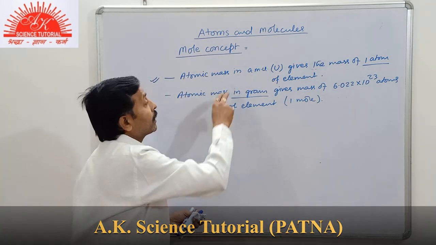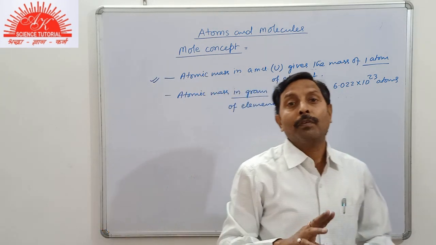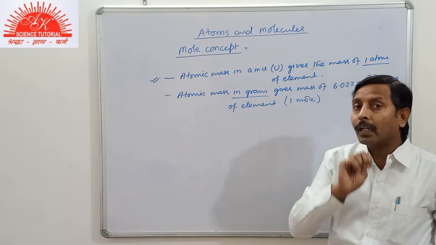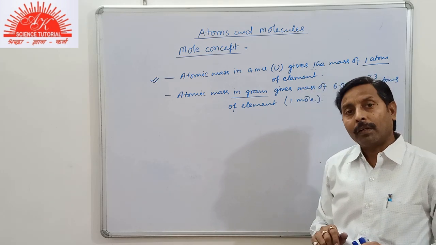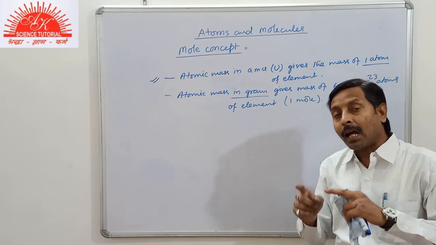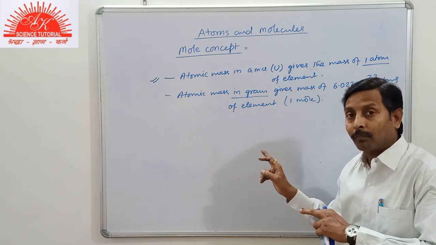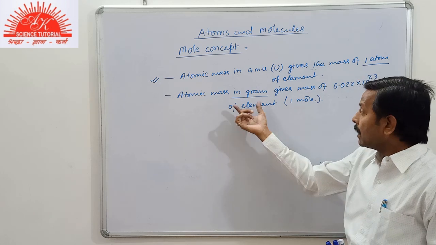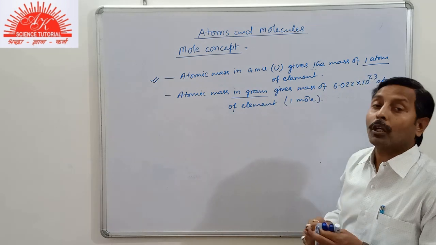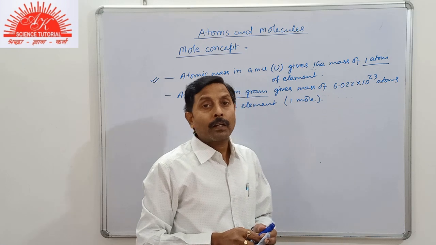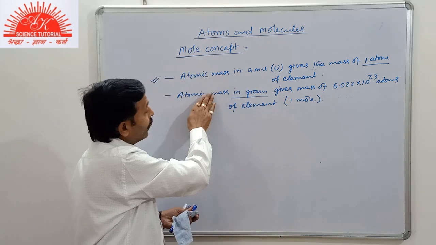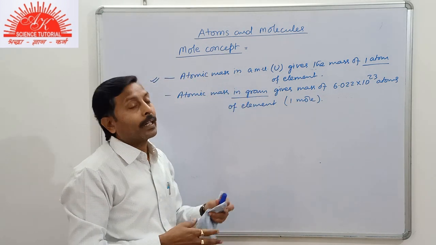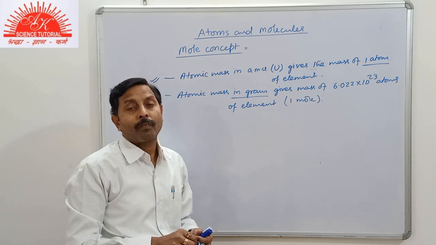So this is the basic difference. If the mass is given in AMU, it is for 1 atom of element. And if the atomic mass is given in gram, it will be equal to 1 mole of the element. That is a collection of this much number of particles. Now, a similar concept can be taken for the molecules also.